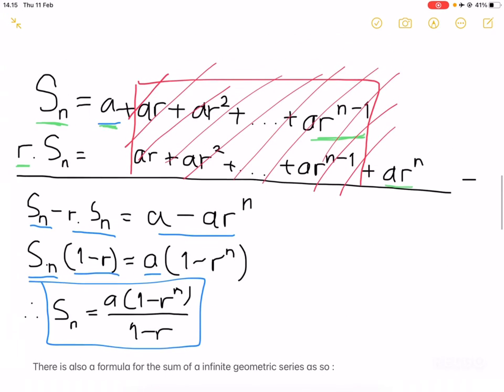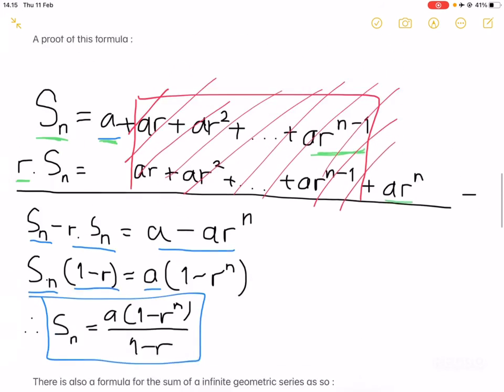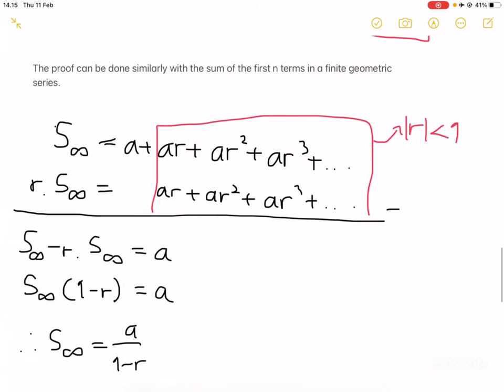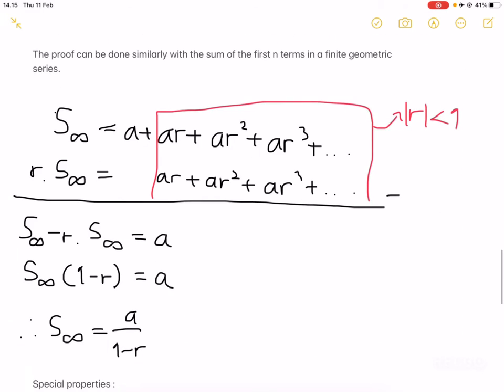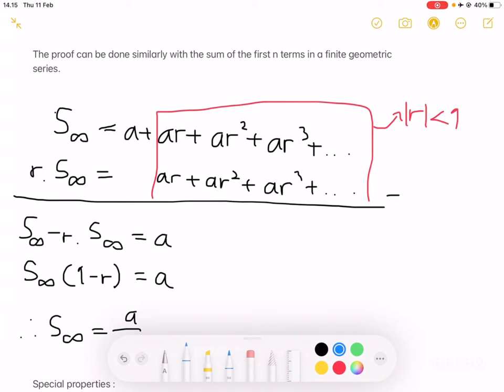And like the sum of the first n terms of a geometric sequence, we can also do something similar to this proof. Let the sum of the infinite geometric series be a plus ar plus ar squared, and this goes on and on into infinity. What we can do is just duplicate this S of infinity, except we're going to multiply it by r, and then we can just do the slide thing.